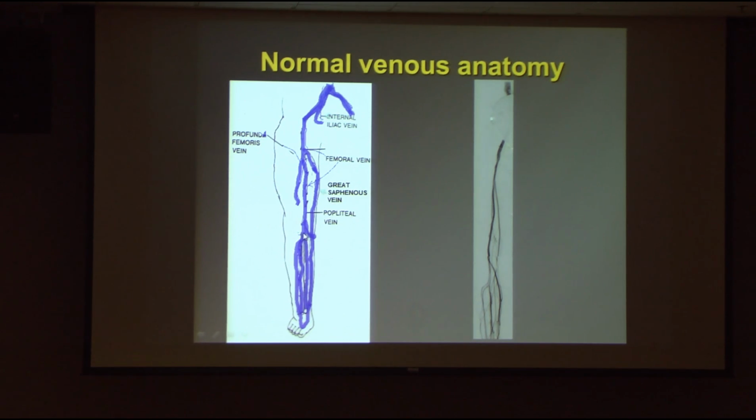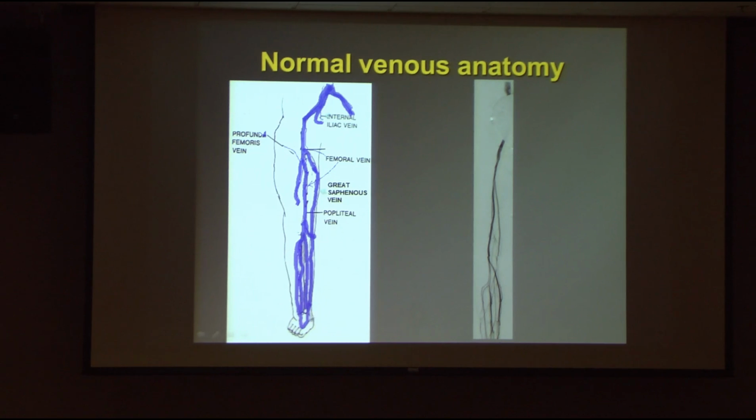They run between the muscles next to the arteries, and they collect here at the level of the knee into what's called the popliteal or knee vein, and then it continues up as the femoral vein, and then it becomes the external iliac vein, common iliac vein, and goes back into the inferior vena cava toward the heart.